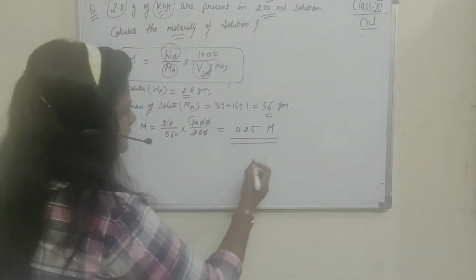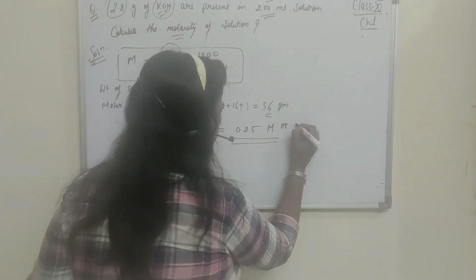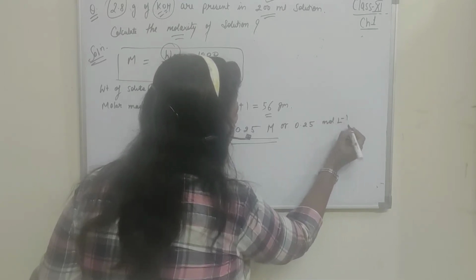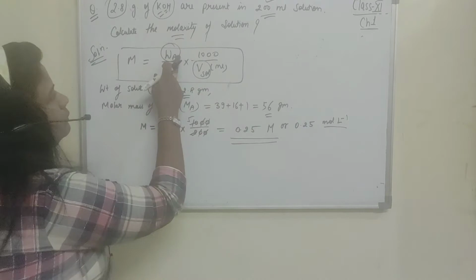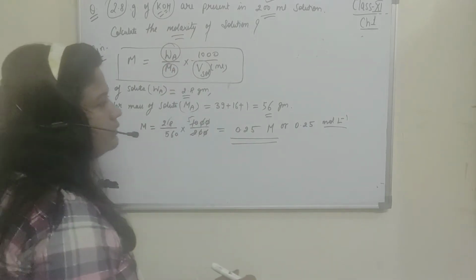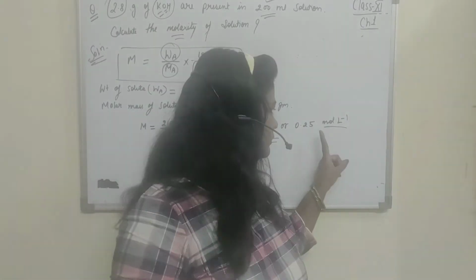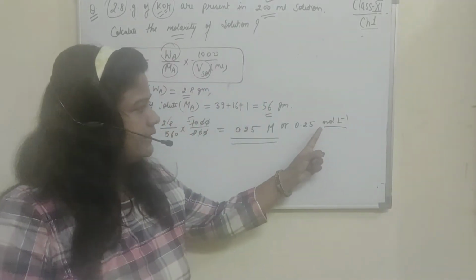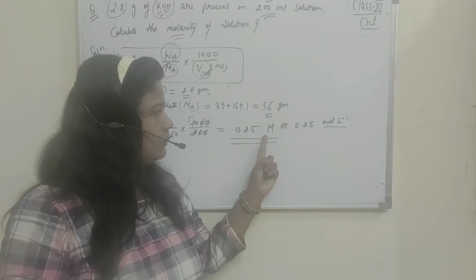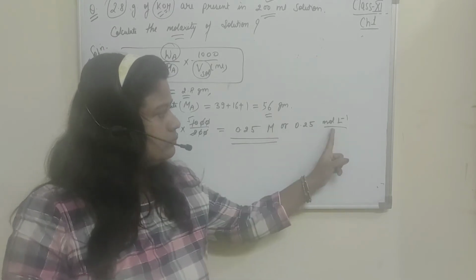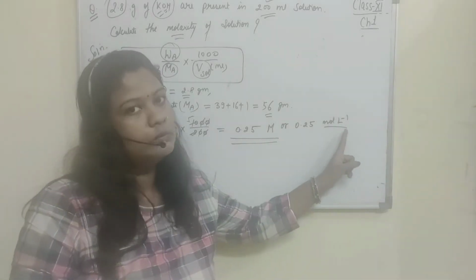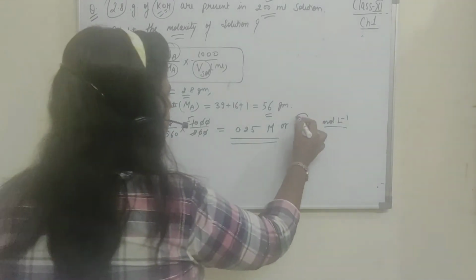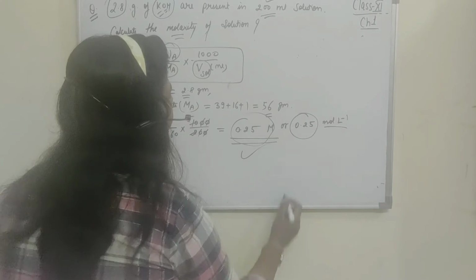Or you can write 0.25 mole per liter, because moles of the solute dissolved in 1 liter of solution. So we can write its unit as molar, or mole liter inverse, or mole per liter. So this is the answer, 0.25 molar.